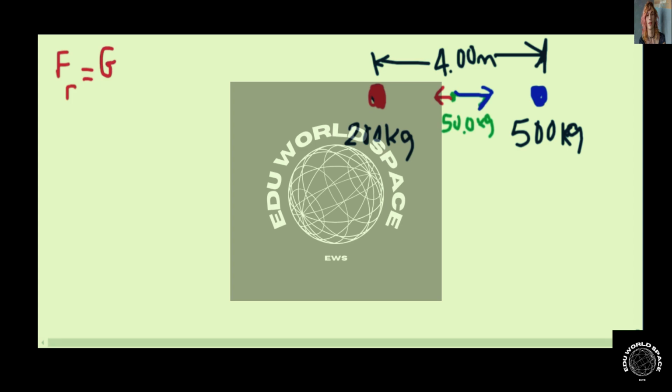I'm going to write force red is G M red M green over R squared. But here, since it's halfway, R is 2.